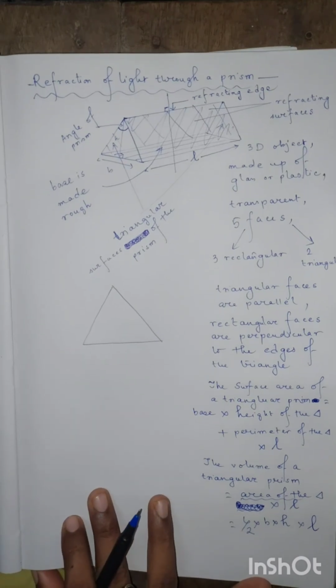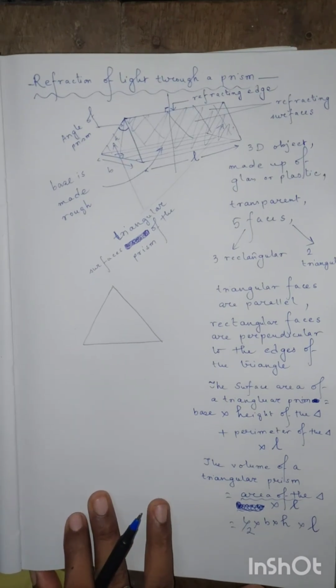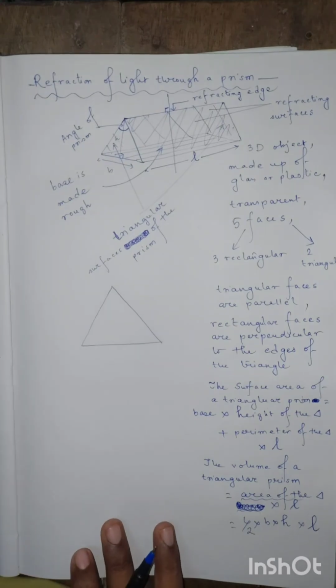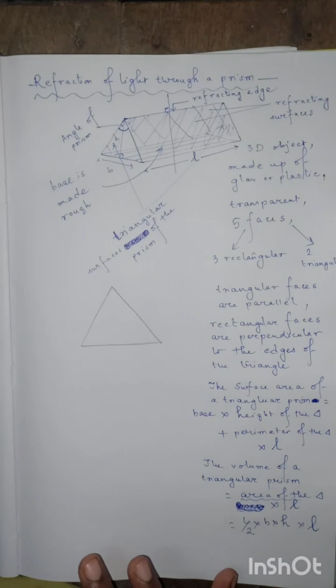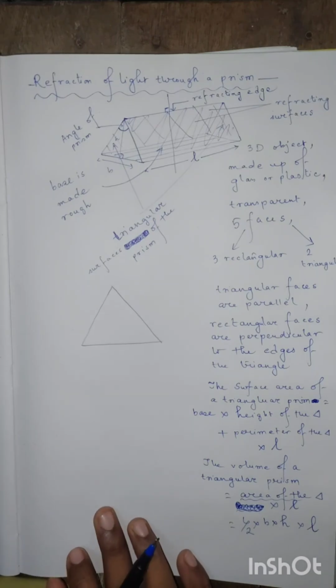Now we can take a light ray, a monochromatic ray of light.